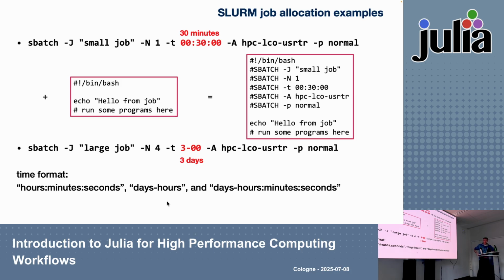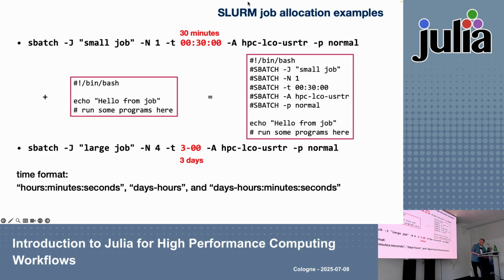Now on the top you see the sbatch command, which is the command that you can give such an sbatch script. You can pass the parameters on the command line: you say sbatch, then the parameters, then the name of the script, and just have the commands in the script.